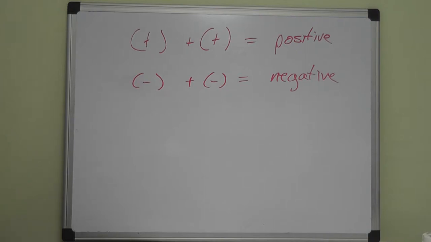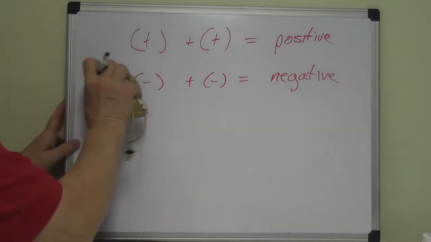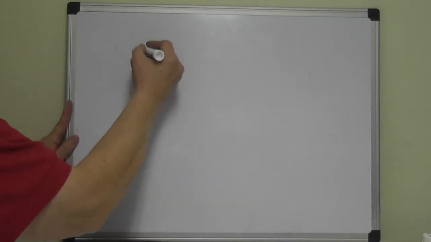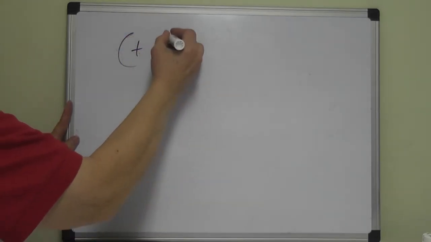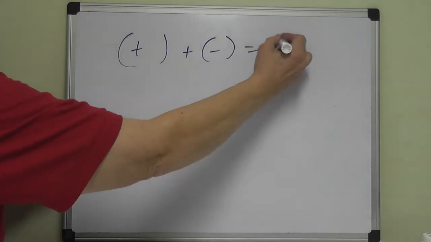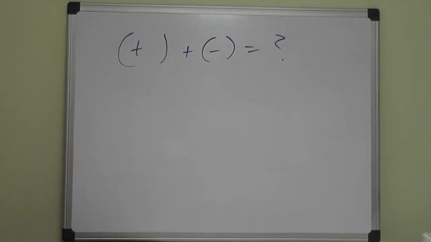And if you have differently signed numbers, do you remember how to do this? It's a slightly technical definition. If you want to find the sum of two numbers that have different signs, you have a positive number and you're going to add a negative number. How do you determine what that sign is?